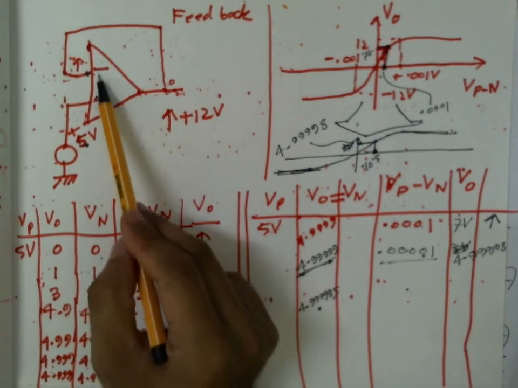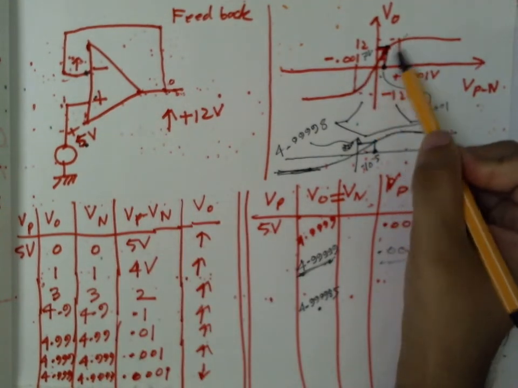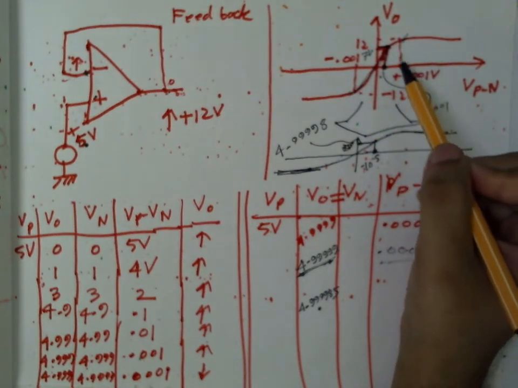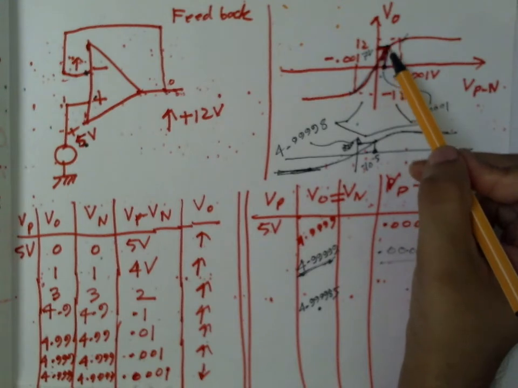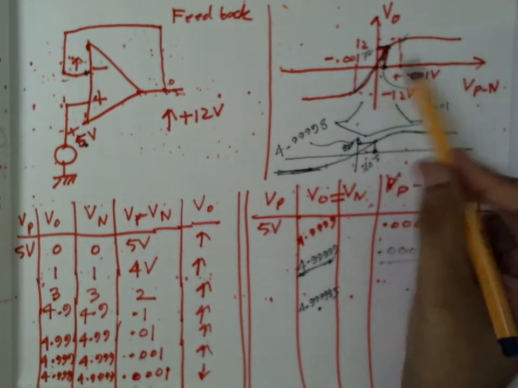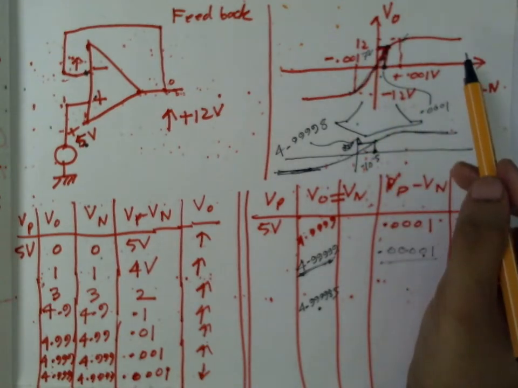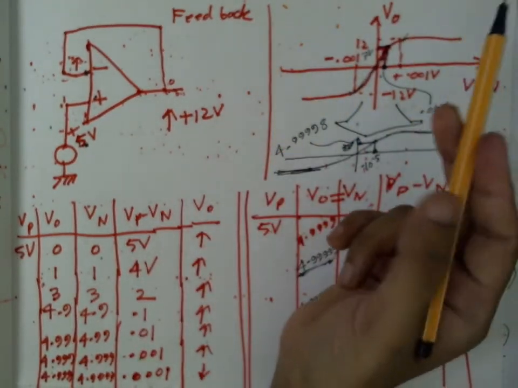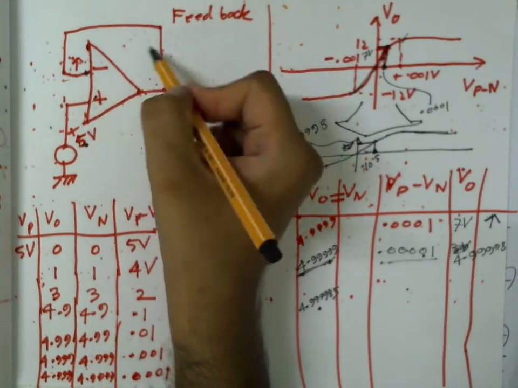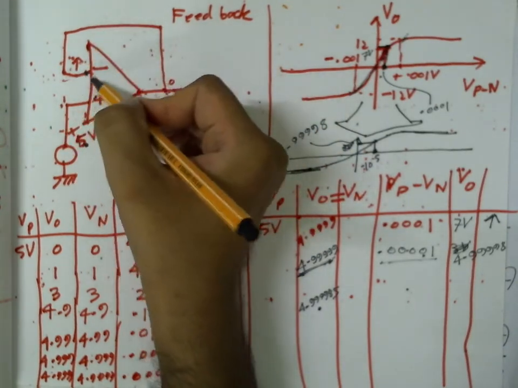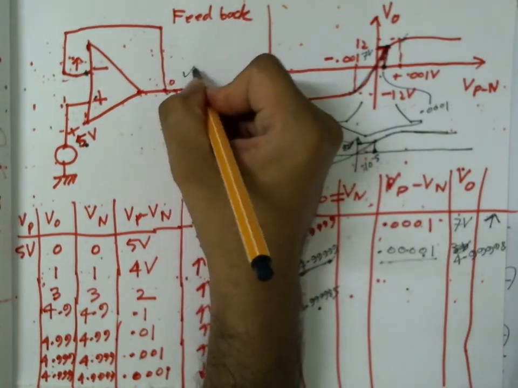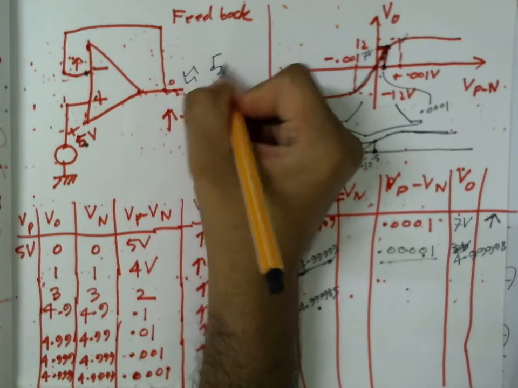And if the difference between these two is very small, I am somewhere in this region, in this characteristic curve, where all these things are satisfied. I mean, everything matches on this curve. So what happens? The output goes up and makes itself almost equal to this plus 5 volt, right? So the output is then almost equal to plus 5 volt.